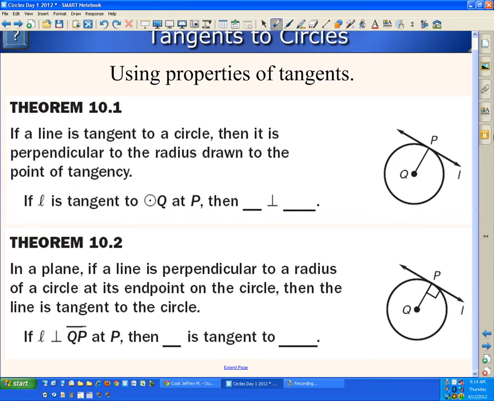So if line L is tangent to circle Q at P, then segment PQ will be perpendicular to line L. And in a plane, if a line is perpendicular to the radius of the circle at its endpoint on the circle, then the line is tangent to the circle. So if L is perpendicular to PQ at point P, then L is tangent to circle Q. And we use a circle with a dot in the middle to represent circle Q, or you could write out the word circle Q.